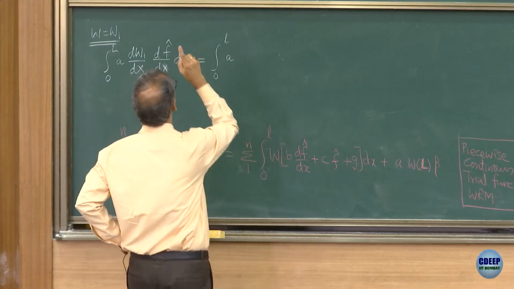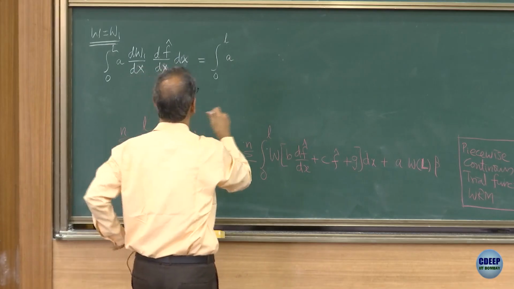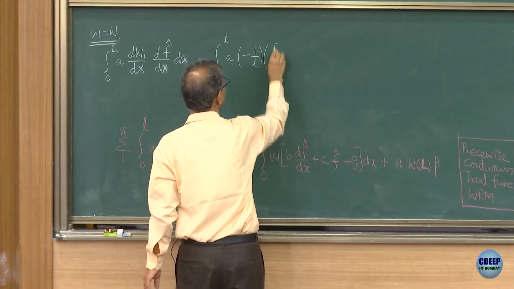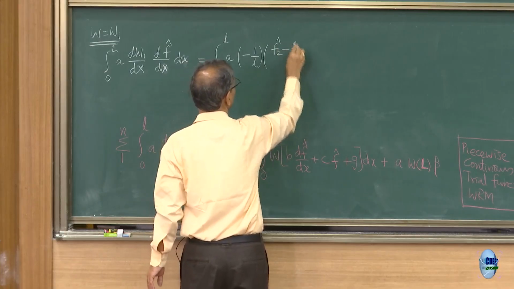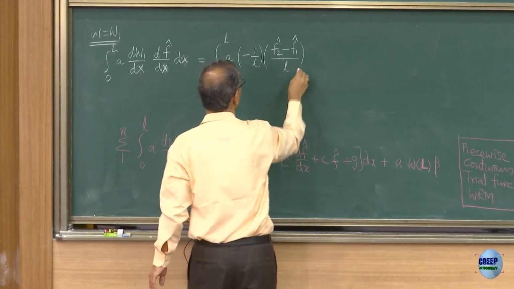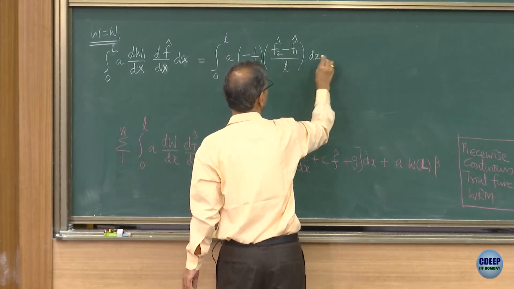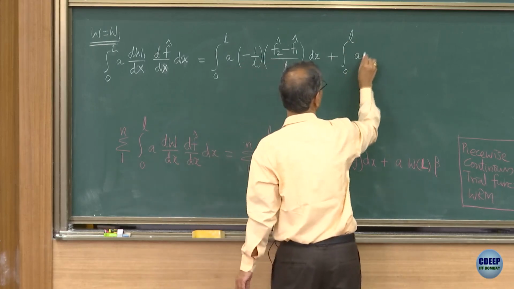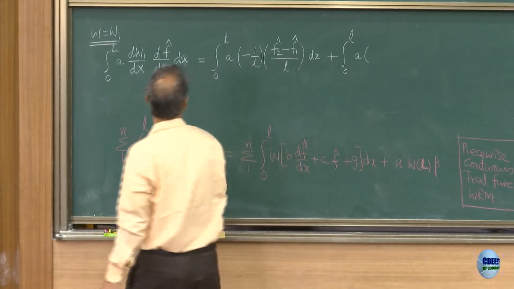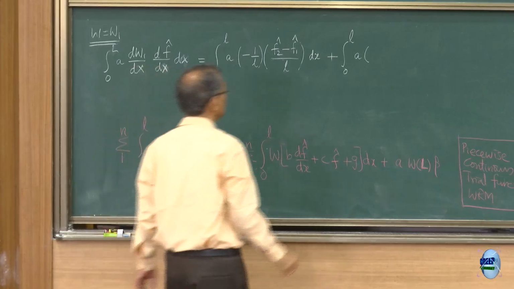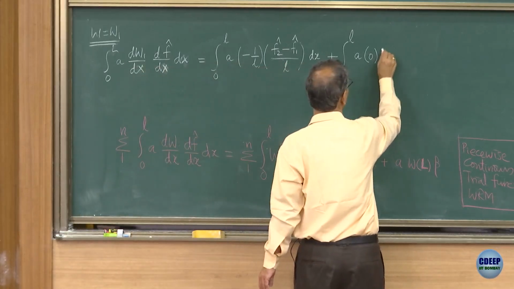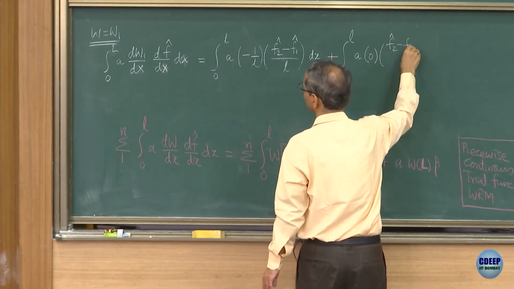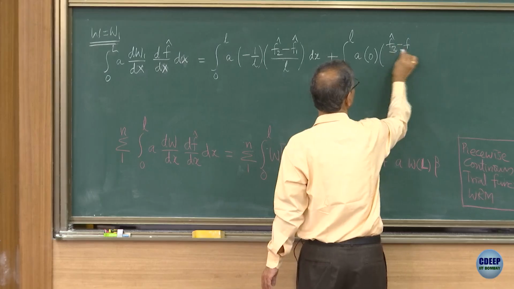W1 is 1 minus x by L, so dW1 by dx is minus 1 over L. This is anyway F2 hat minus F1 hat by L, dx, plus integral 0 to L A times dW1 by dx, and W1 in the second element is 0, so dW1 by dx is anyway 0, with F3 hat.